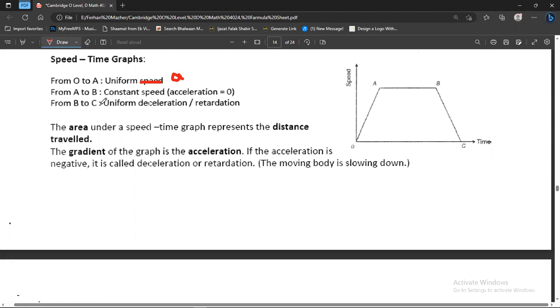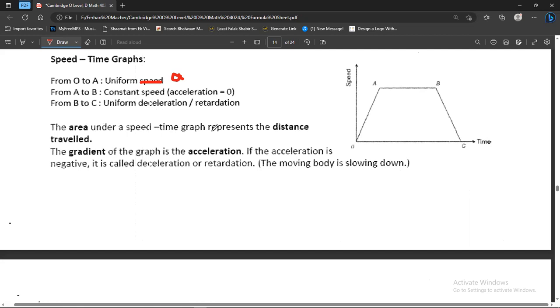From B to C, we have uniform deceleration, or we call it retardation. Here, the speed is gradually decreasing, that's why we call it retardation or deceleration. And here, the speed is increasing at a uniform rate, which we call acceleration. Okay, in the constant speed part, the gradient is 0.